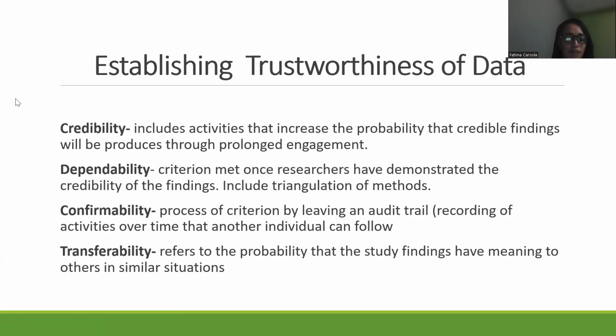How about dependability? Again, it is the criterion met once the researchers have demonstrated the credibility of the findings. Triangulation is another for credibility, but for credibility, it talks about prolonged engagement. So you will be very sure that the data you're presenting is credible. For dependability, you have to maintain an audit trail. When you say an audit trail, these are the methods.